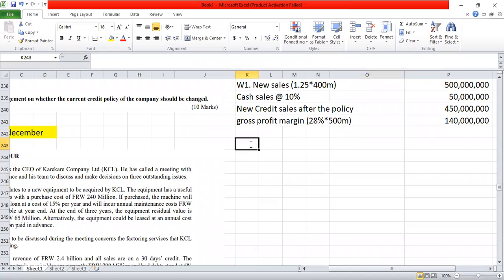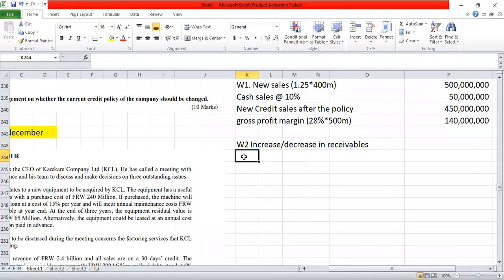My working number 2, I'm going to look at the increase or decrease in receivables.